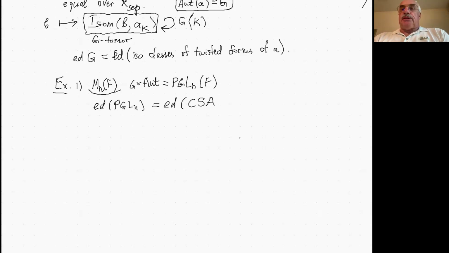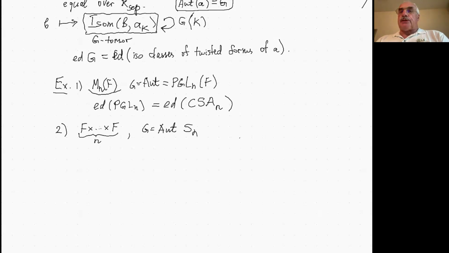That's the first example. And for the second example, let's take for the algebraic structure A the product of n copies of the field F, for some fixed number n. What is the automorphism group of this structure? It's just the symmetric group S_n, permuting the components. What is a twisted form? The twisted form of such an algebra is a separable algebra. What is a separable algebra?